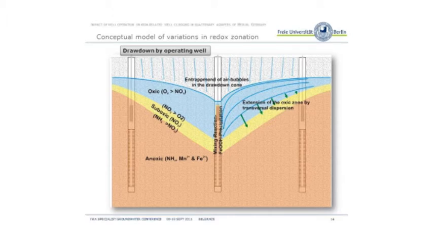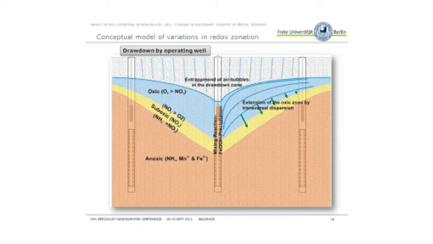If we just repeat this and operate the well again, we have the same effect. We have a reaeration of the aquifer in the cone of drawdown. But now we have a thicker oxic and suboxic zone by transversal dispersion in the aquifer.